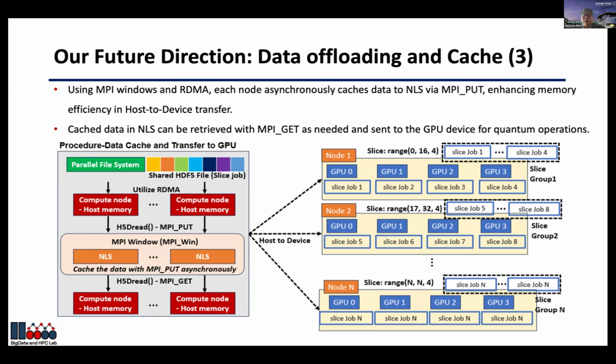So we will distribute the data using RDMA to multiple nodes, and we also will use MPI to store the data into the node local storage, and then continue with the computation with multiple nodes and multiple GPUs.